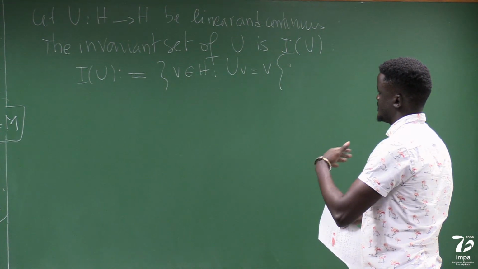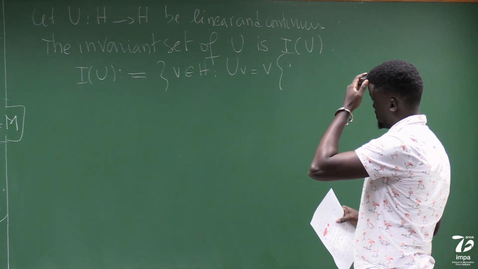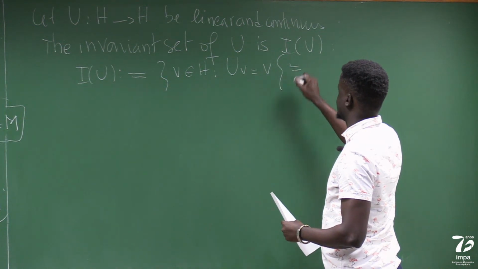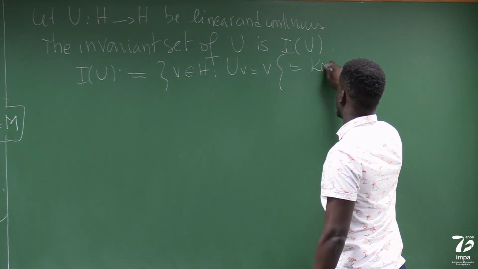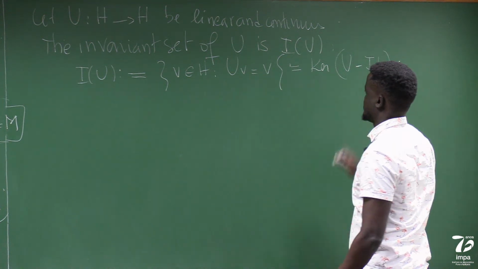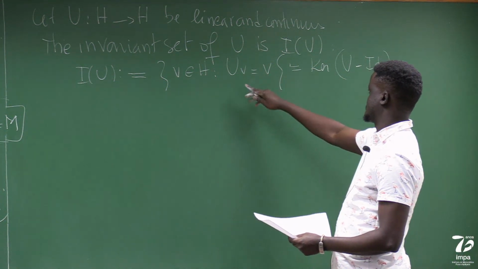So this is the set of invariant v's of U, or you can write it as the kernel of U minus identity, because you can put this equal to 0.